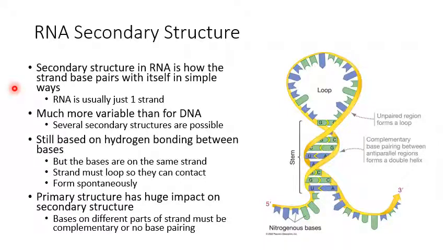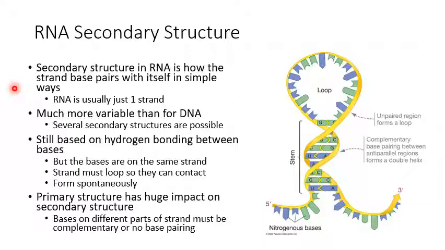So there's actually a number of different secondary structures that you can form in RNA. For DNA, it only has one secondary structure. For RNA, there's actually several possible secondary structures. That ends up being important for the function of the RNA, which we'll talk about later on. But yeah, the shapes that are formed in the secondary structure are important for the function of the RNA.